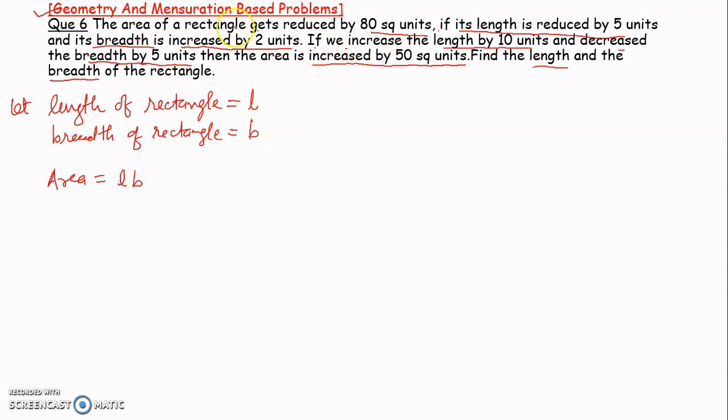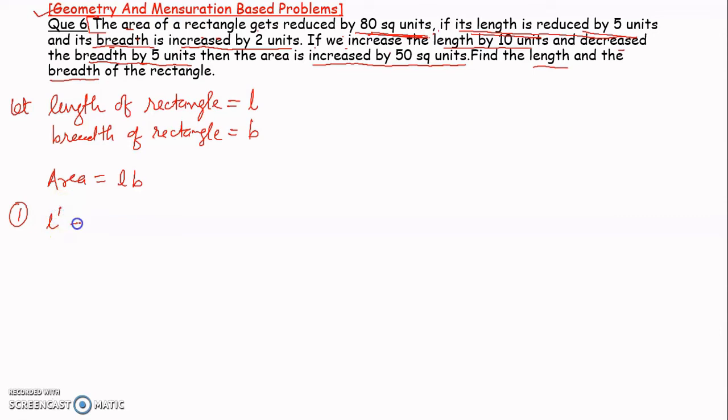Now the first condition is that the area of the rectangle gets reduced by 8 square units if its length is reduced by 5 units and breadth is increased by 2 units. So for condition number 1, the length is reduced by 5 units.